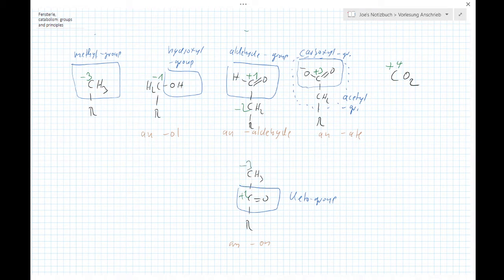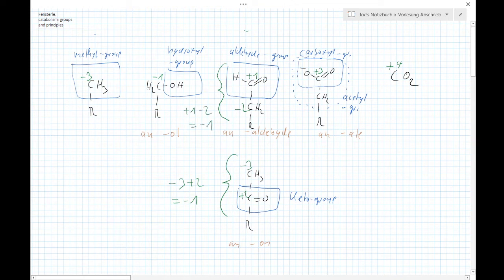So now if you would add up the oxidation numbers of these 2 groups here, -3 plus 2 is equal to -1. So in total, the oxidation number of these 2 groups is -1. If you do the same with your aldehyde group here, it's +1 minus 2, it's also equal to -1.